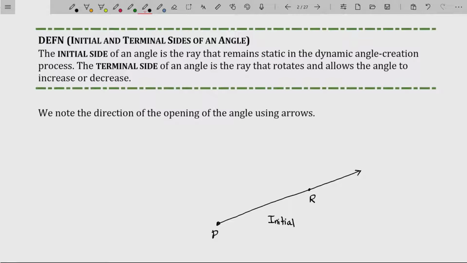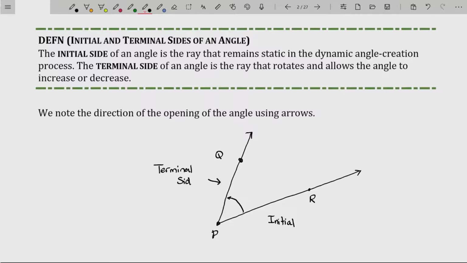And now we're going to open an angle. And the way we're going to open the angle is, I'll just open it counterclockwise, so this way. And we use a little arrow there to denote that that's the way the angle opened. And we'll just open this to a different ray that goes from P through Q. And that side is called the terminal side because that's where the angle terminates.